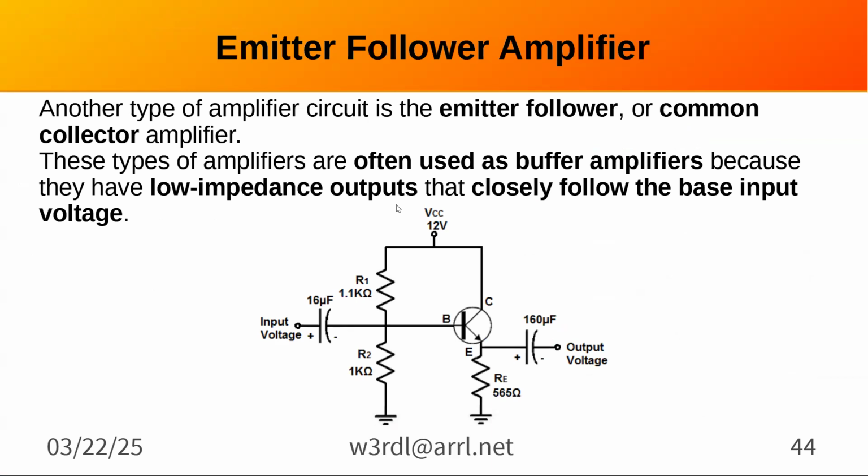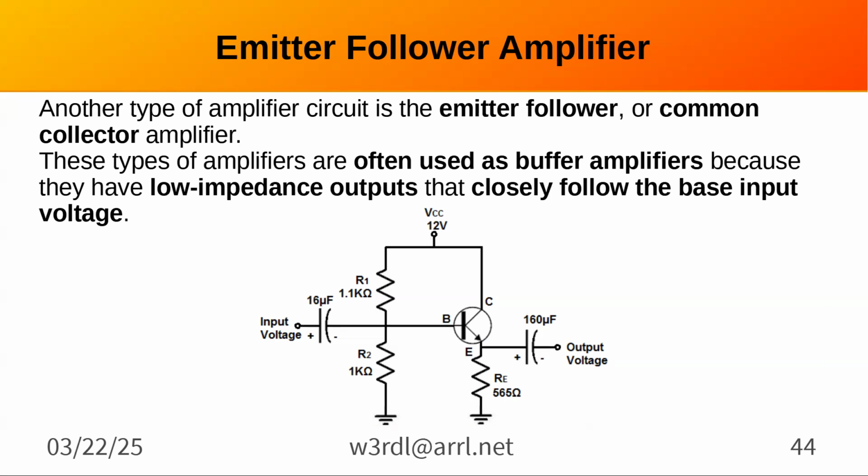Okay. Another configuration is called an emitter follower or common collector. I guess it's common collector because multiple stages are all connected to the same point, the VCC. It's essentially used as a buffer amplifier where you're not looking for any voltage gain, but it's got low impedance output. So you've got current gain, you can drive a lot of circuitry.